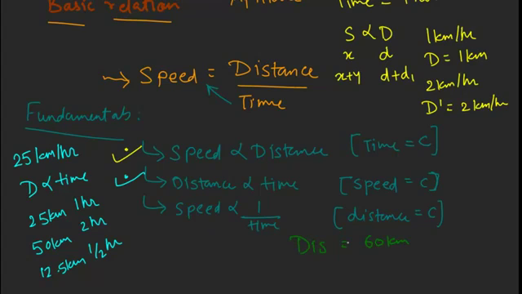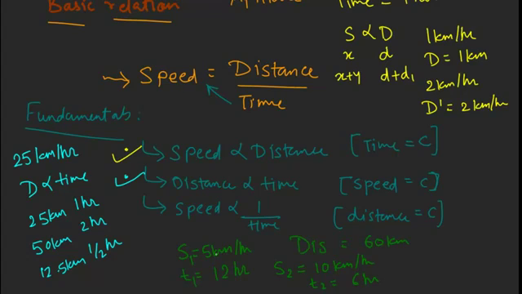Initially, for the first time, you travel the 60 kilometers at a speed of 5 kilometers per hour, then time taken would be 12 hours, obviously according to this relation. Let me call this S1 and T1. Now again you travel those 60 kilometers at 10 kilometers per hour, then time T2 would be 6 hours.